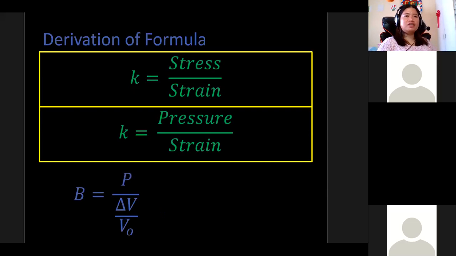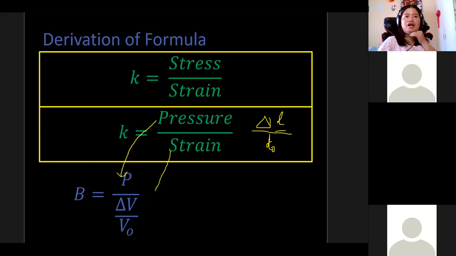To see that, we have here the pressure, and then we have the strain. Remember the strain in the previous slide, we have the delta dimension all over the original dimension. Now, because we're dealing with bulk modulus and bulk deals with the change in volume, we represent the dimension with V, which is volume.